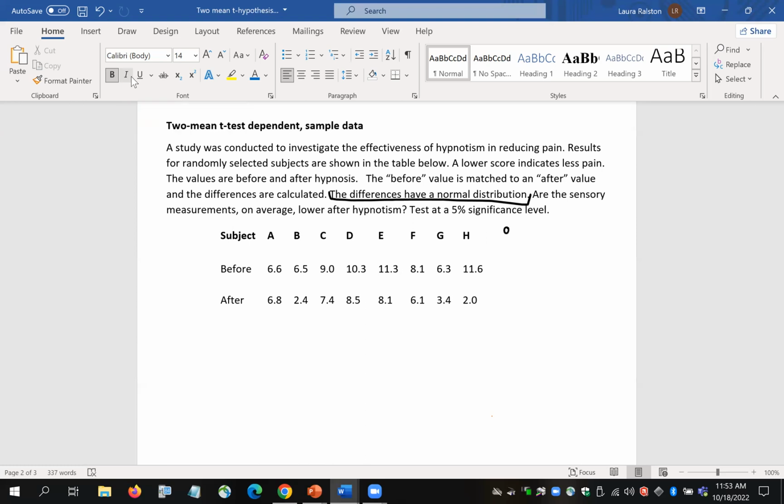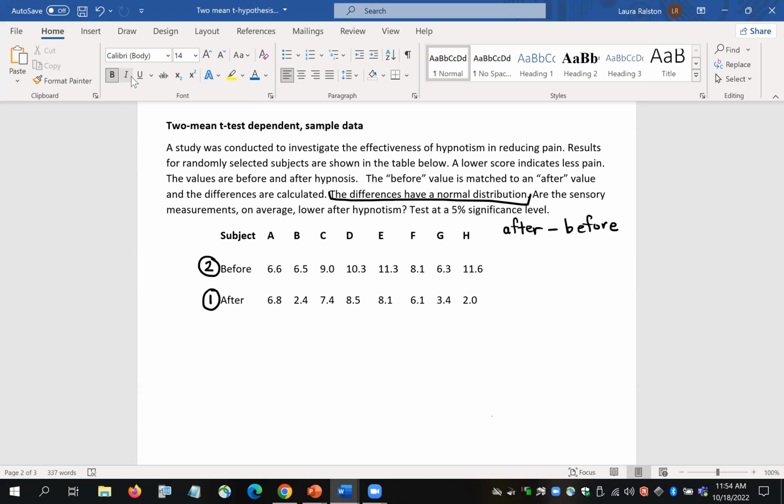So we really should look at after minus before. Because of the way the question is worded, it matters which one is group 1 and which one is group 2. In this case, the after is going to be your group 1 and the before is going to be your group 2, because we're interested in it after hypnotism.